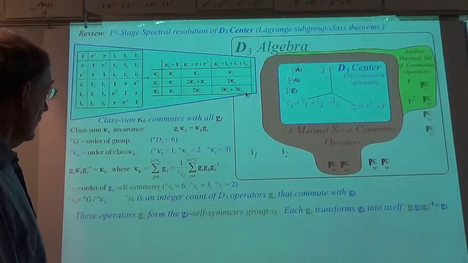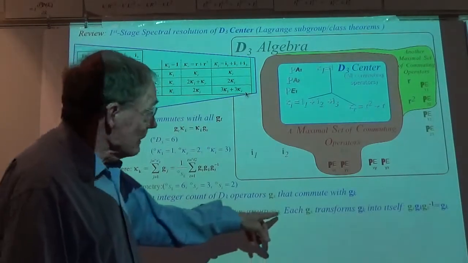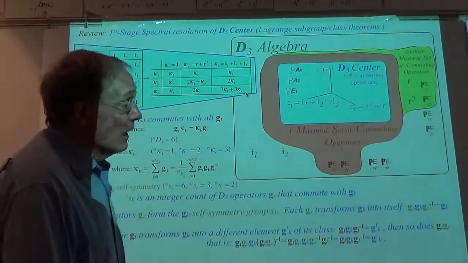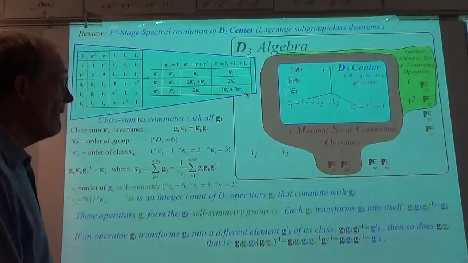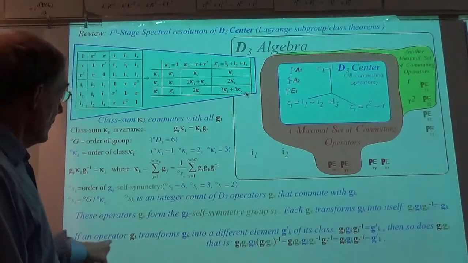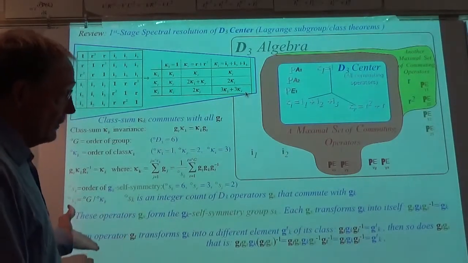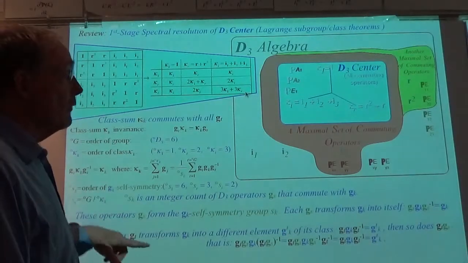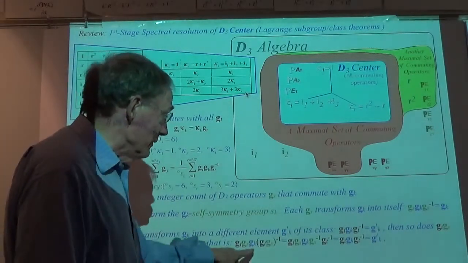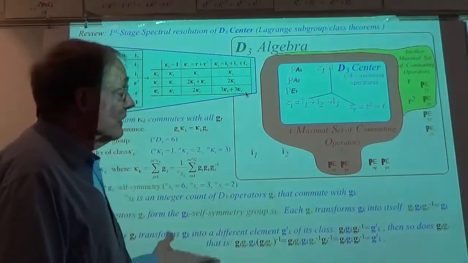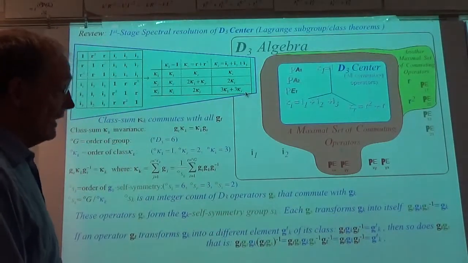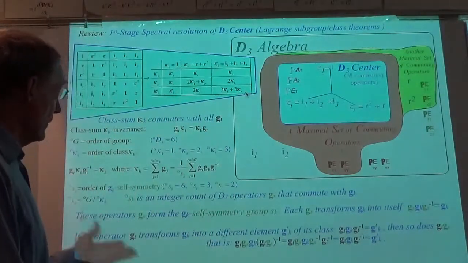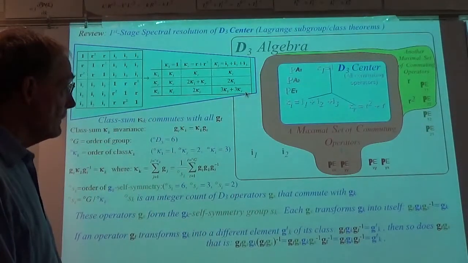So the idea is that that self-symmetry group is doing that transformation of G into itself, and then you can take any other operator that doesn't transform G into itself and have it transform into some other element in GK's class. So you can find a GK prime somewhere by doing that, you see.